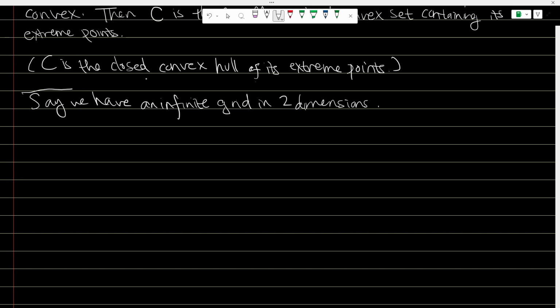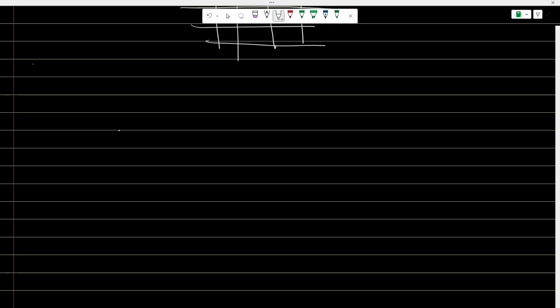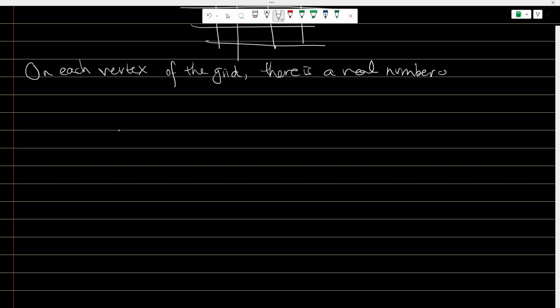So the picture you should be thinking about is I'm going to draw the lines here. On each vertex of the grid, there's a real number. You can actually do complex here, of magnitude at most 1.